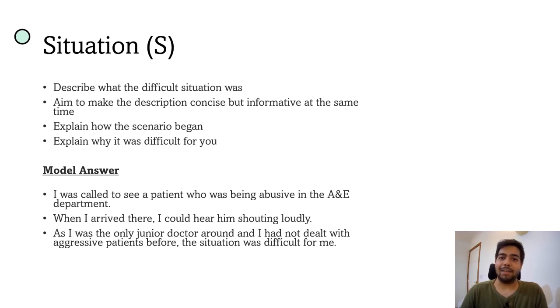When I arrived at the scene, I could hear the patient shouting loudly, and I was really scared hearing this, as I was the only junior doctor who was available there and I had not dealt with aggressive patients before this. I was really scared, and that's why the scenario was difficult for me.